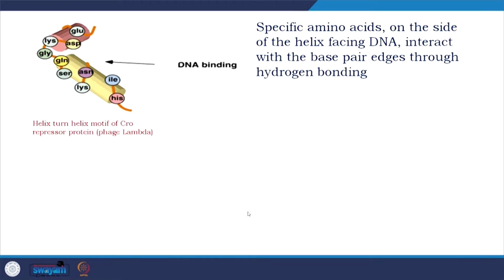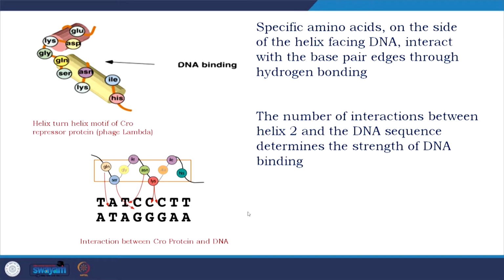If you look at the DNA binding closer, you will see that specific amino acids on the side of the helix facing DNA interact with the base pair edges through hydrogen bonding. There are phosphates taking part in the interaction, but the nucleosides are also. The number of interactions between helix 2 and the DNA sequence determines the strength of DNA binding.